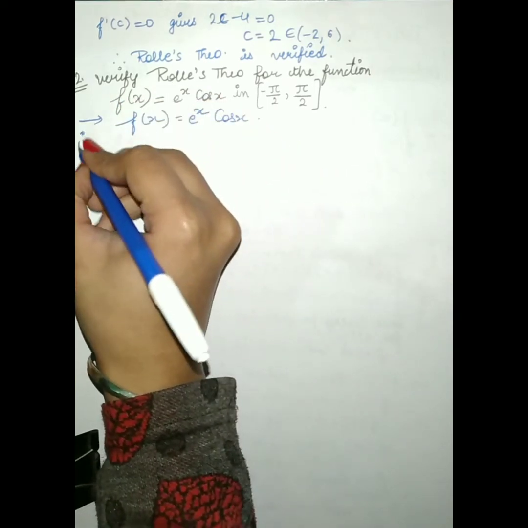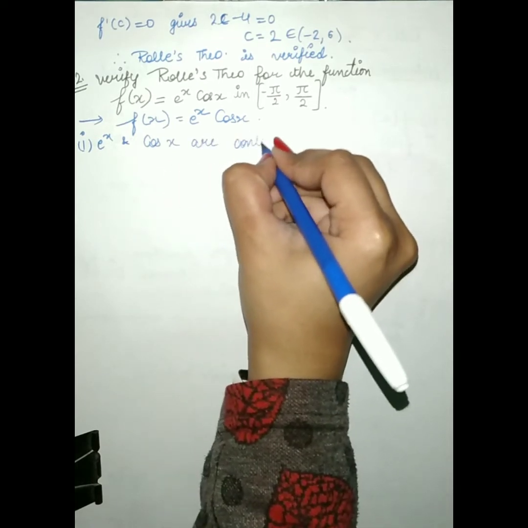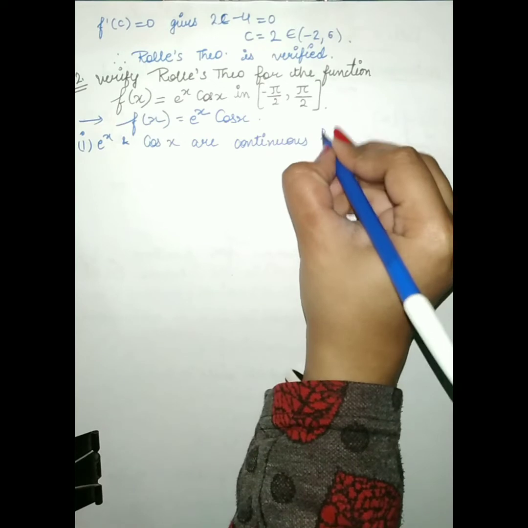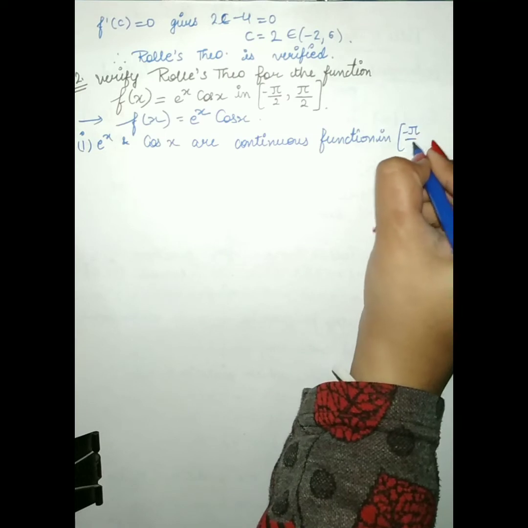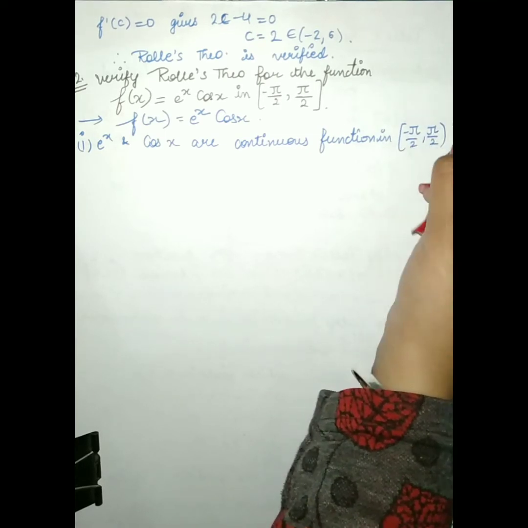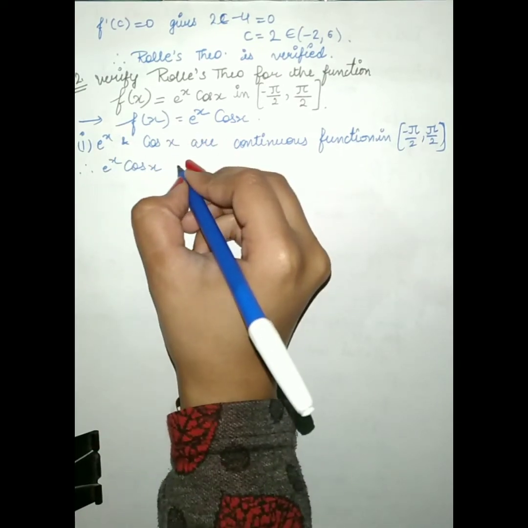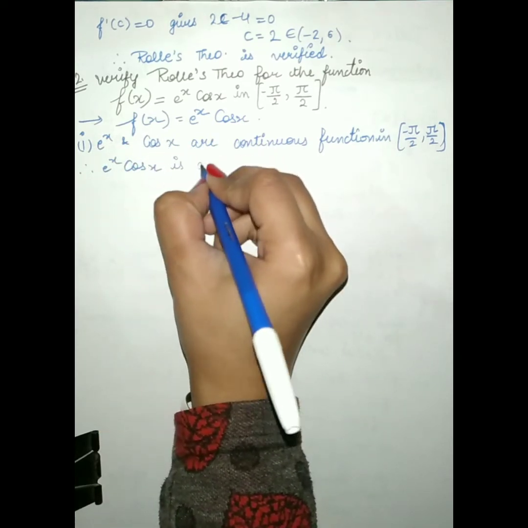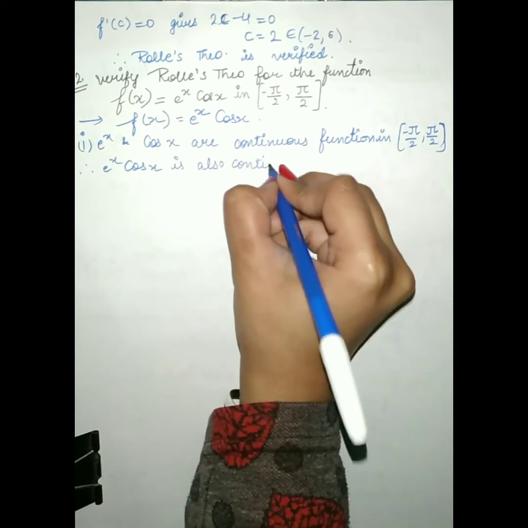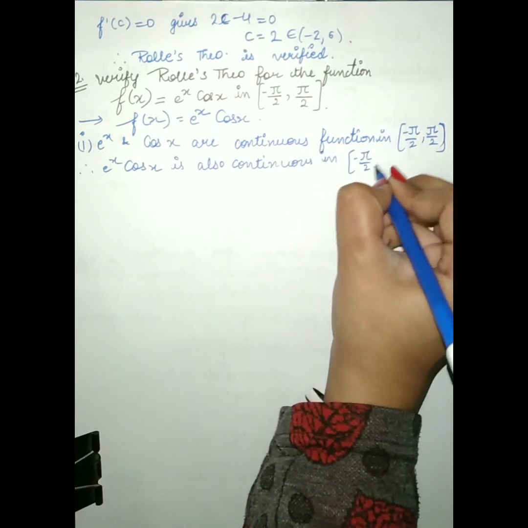For this, e raised to power x and cos x are continuous functions in the given interval, therefore e raised to power x cos x, being the product of these functions, is also continuous in -π/2 and π/2.